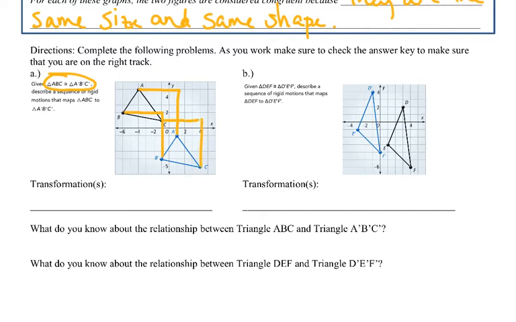So this is a translation, and the rule is (x, y) goes to, the x went to the right 5, so it's x plus 5, and it went down 6, so it's y minus 6.